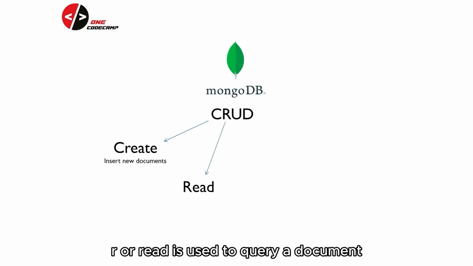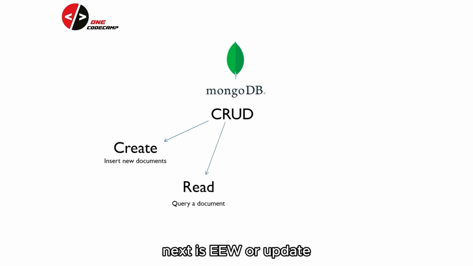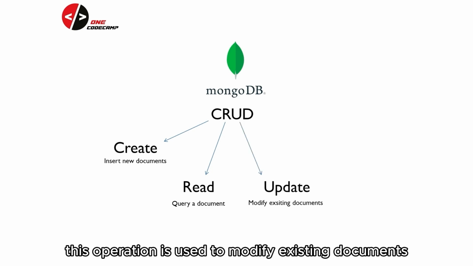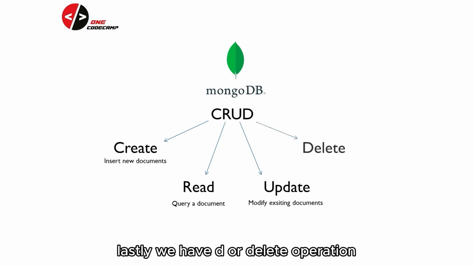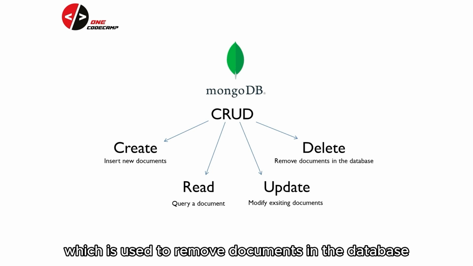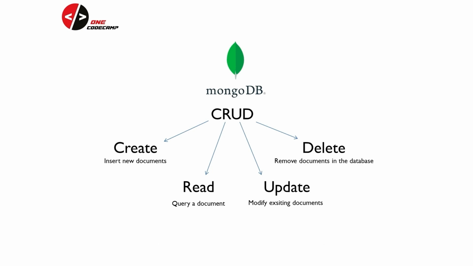R or read is used to query a document. Next is U or update. This operation is used to modify existing documents in the database. Lastly, we have D or delete operation, which is used to remove documents in the database.